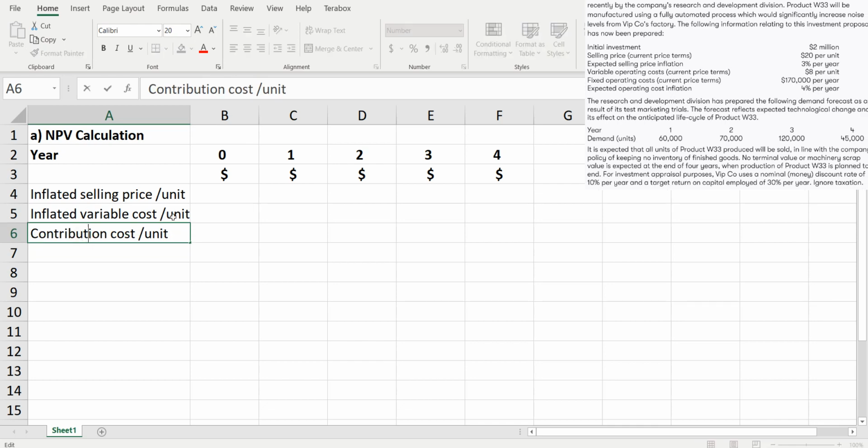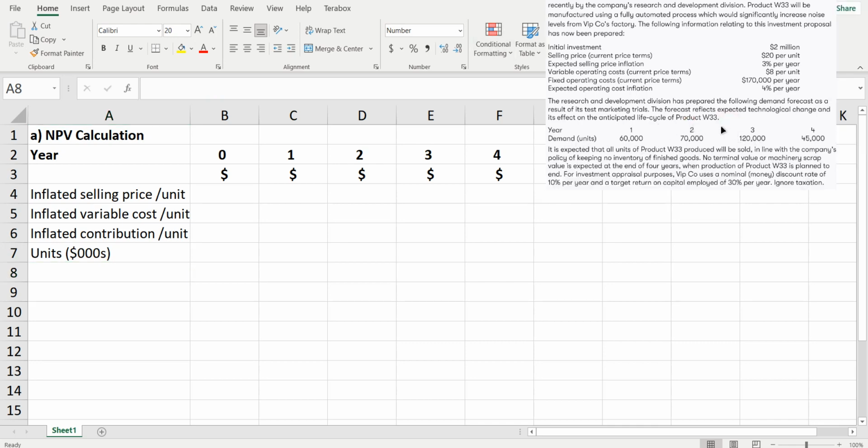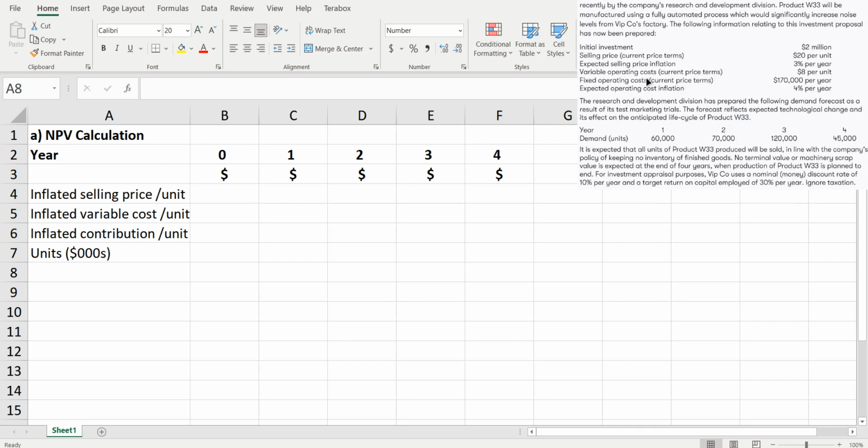Actually we have to write inflated contribution. Okay, and let's also do the units, which should be in dollar thousands, right?